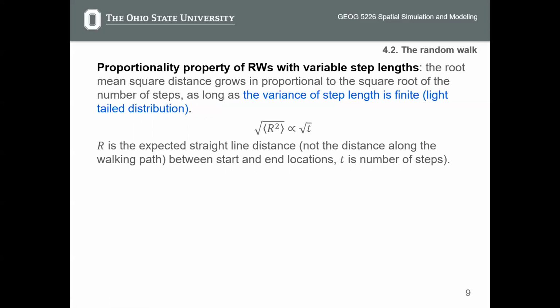And each tick is an expression of time in NetLogo, right? Which means the longer the time, the longer the distance. But it's not a simple equal relationship. They are proportionally related to each other. This is the specific mathematical formula to address this relationship between time and the straight line distance between start point and end point.